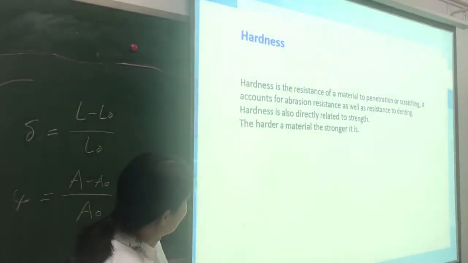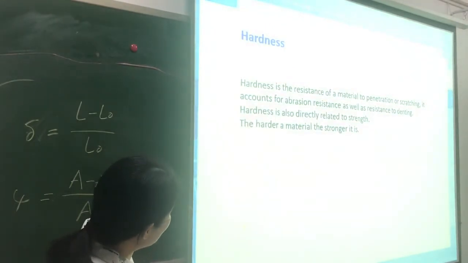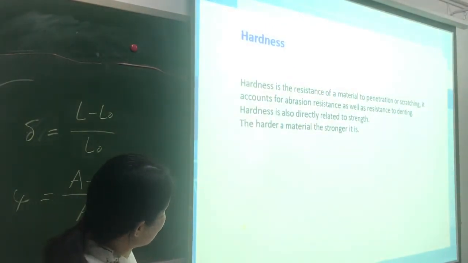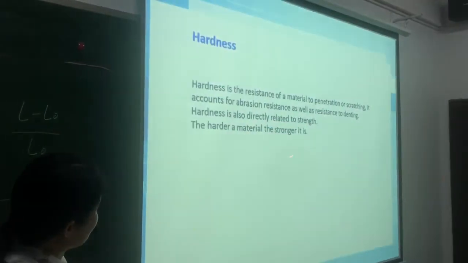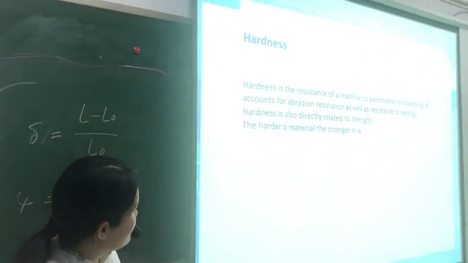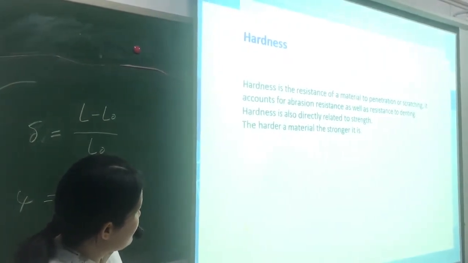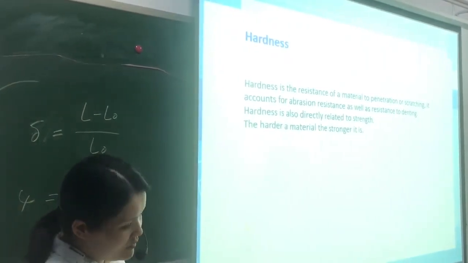Hardness. Hardness accounts for abrasion resistance as well as resistance to denting. It's directly related to strength. The harder a material, the stronger it is.